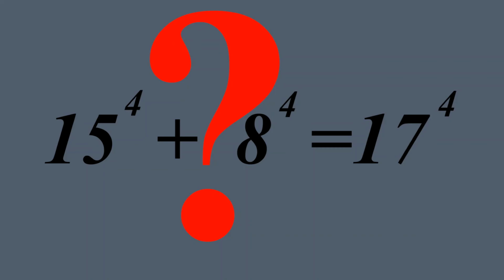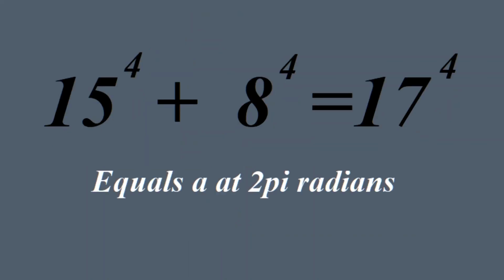QECian finds that the diagonal triple 15 to the fourth plus 8 to the fourth equals 17 to the fourth equals I to the fourth, which is A at 2 pi radians. This in turn is simply the diagonal triple 15 plus 8 equals 17, which equals I, which is A at 0 pi radians, after having matriculated twice across the diameter of the unit circle.